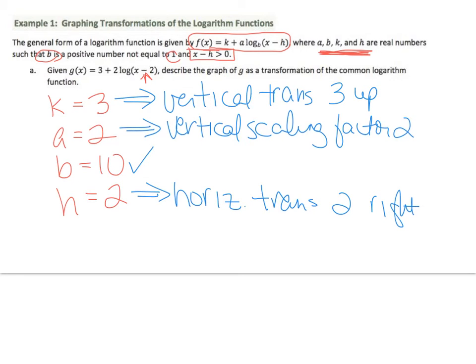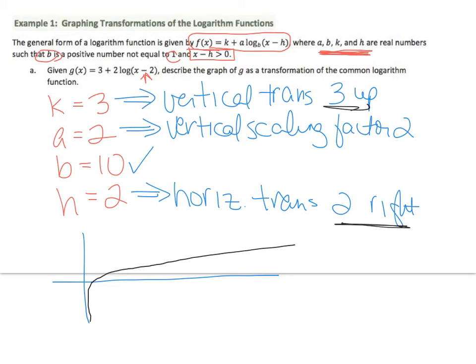Cool. Now we should know how to graph it, right? Really basic sketch. I know that my common logarithm without anything looks something like this. Here I want to translate it 2 units right and 3 units up. So I'm going to come over 2 and 3 up, and then a vertical scaling by a factor of 2 means this is going to be just a little more amplified up.